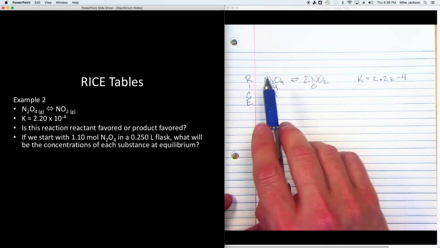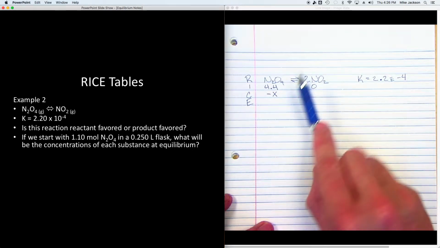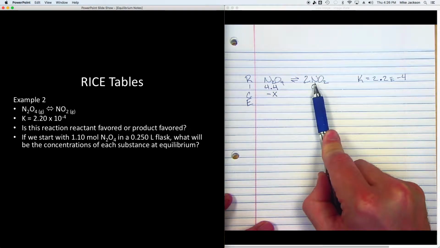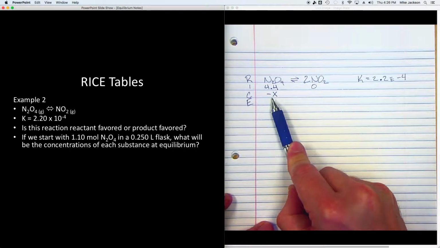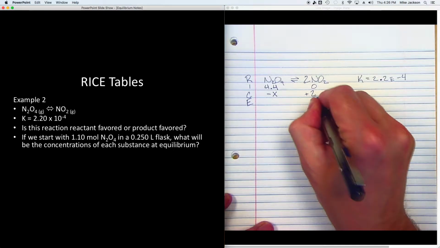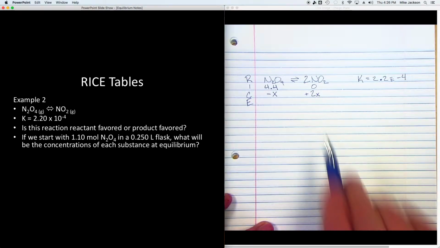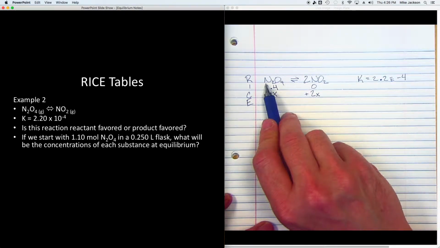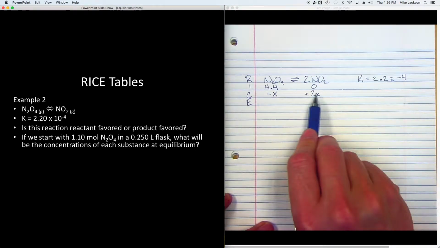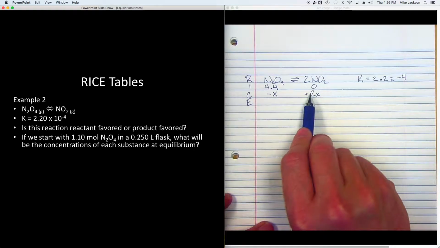But if we look carefully at how this reaction progresses, for every 1 mole of this that I break down, I get 2 moles of this. So if I lose x of this, I'm going to gain 2x of this. And that's because this is a 1 to 2 mole ratio. So if I lose 1 mole of this, I'll gain 2 moles of that, hence the 2x.